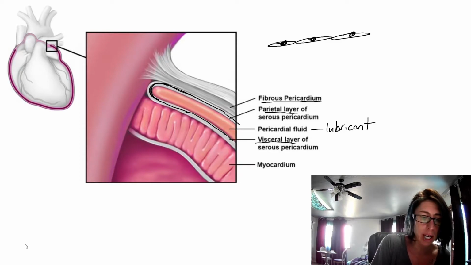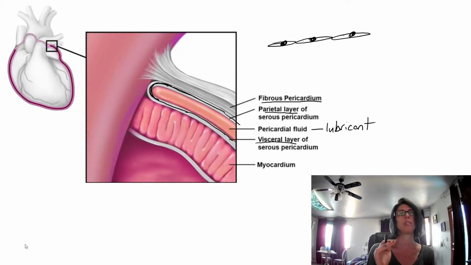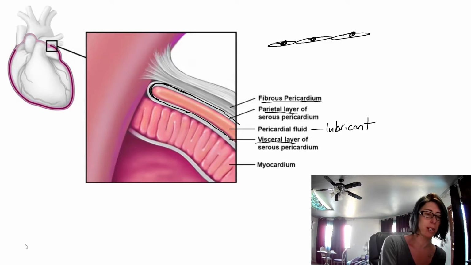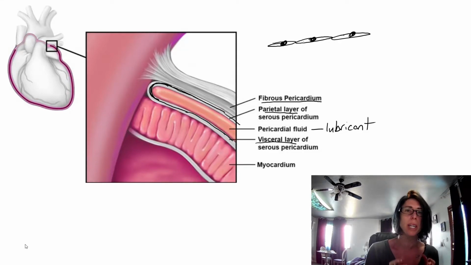Now again, I'm going to point out the parietal layer of the pericardium and the visceral layer of the pericardium are actually one sheet that's folded back on itself, and it surrounds the entire heart. And so every time the heart beats, that serous fluid in between those two layers acts as a lubricant, so you don't get inflammation and friction from your heart continuously beating.